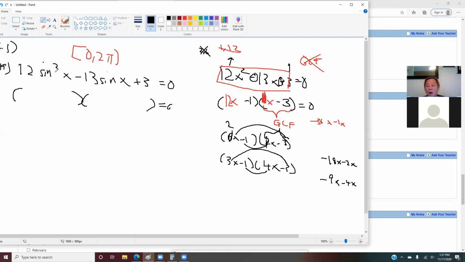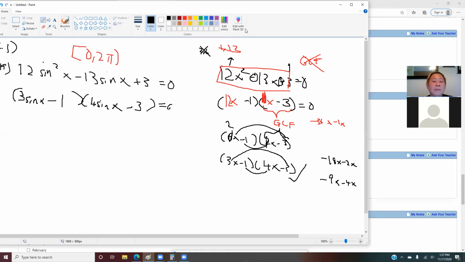Now we talk about sign. This is the correct one. So this will be 3 sine x minus 1 and 4 sine x minus 3.